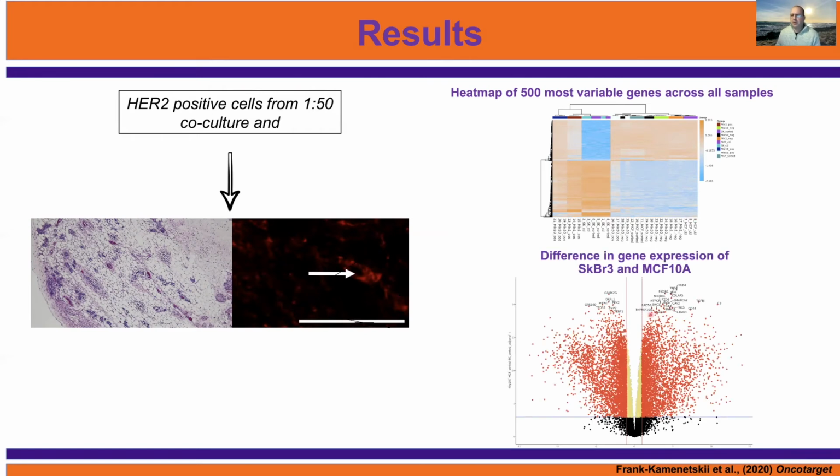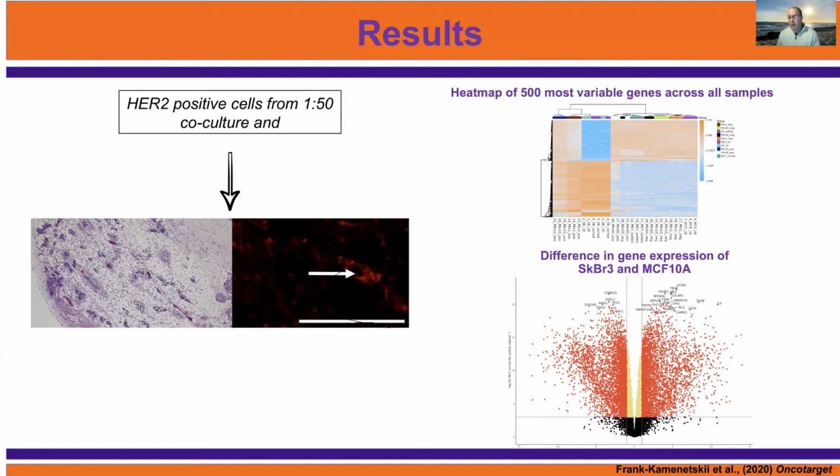If we compare the cancer cells to, in this case, the MCF10A, which we use as our normal breast epithelial controls, in this volcano plot you see here, the dashed blue line is the adjusted p-value threshold. So anything above this has a p-value of 0.05, and then the red lines here are fold change thresholds.